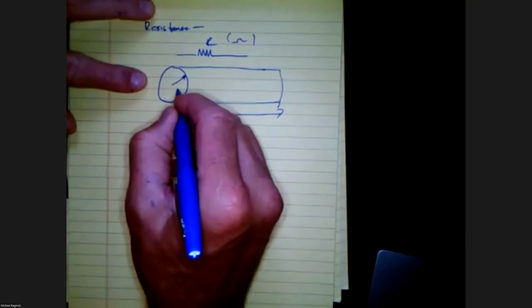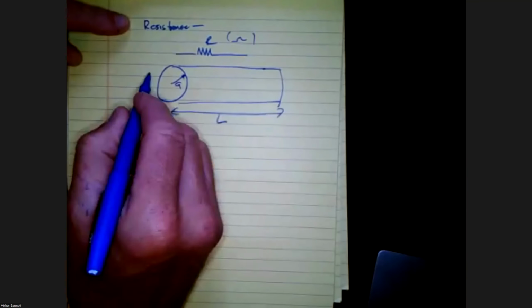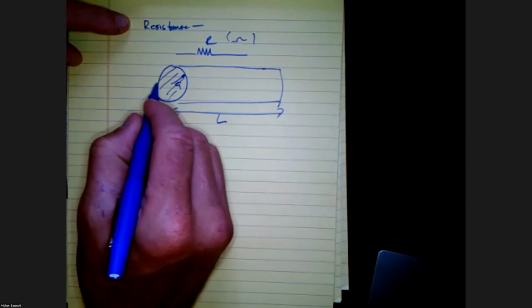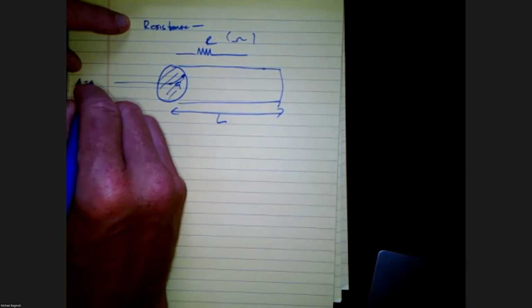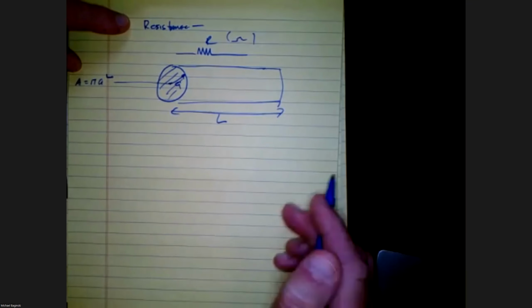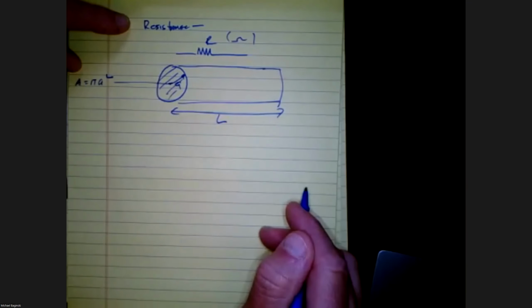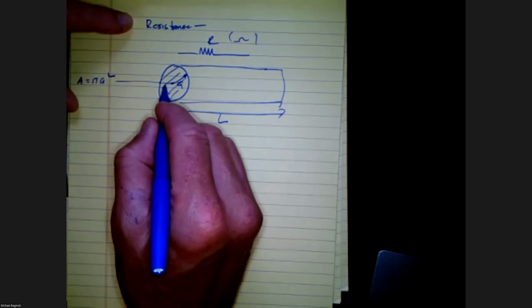This is going to be cylindrical, it looks like a wire, with radius A. And we can say that the cross-sectional area of this would be equal to pi A squared. Now that should make perfect sense. Are you all with me? Yep. All right. Now, if you take this, we're going to assume a couple things.